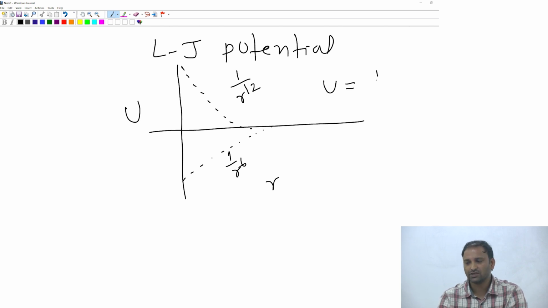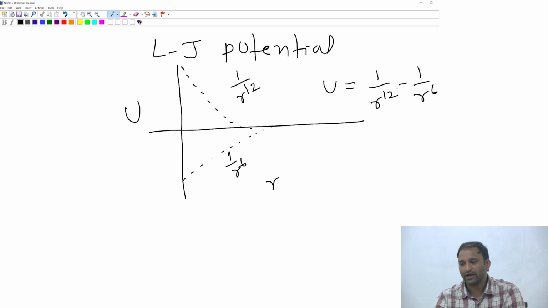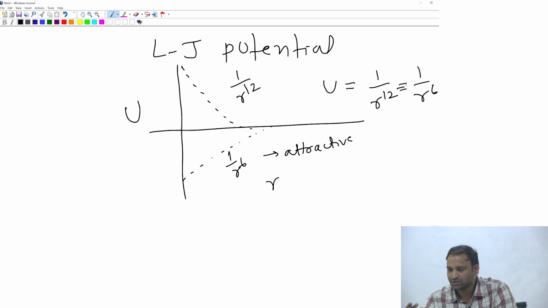So your total potential U is 1 over r^12 minus 1 over r^6, where the negative sign is because it's an attractive force. So let me just do that.